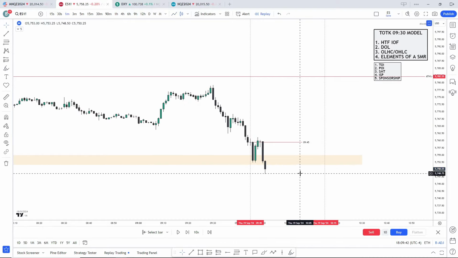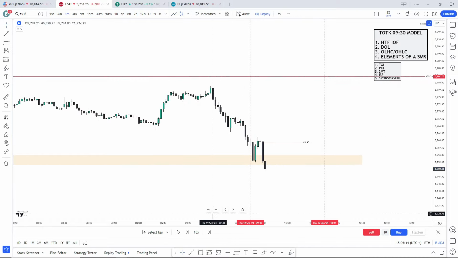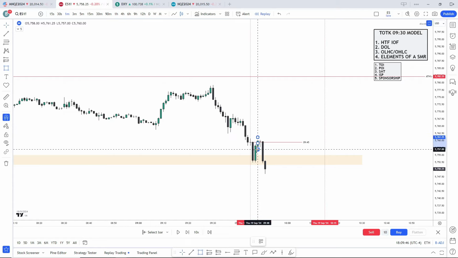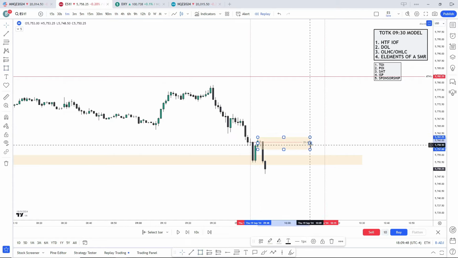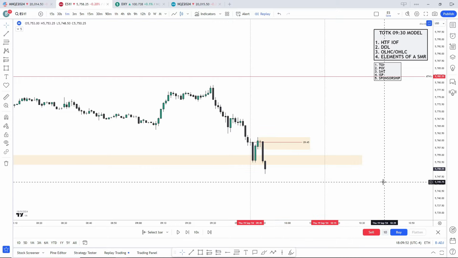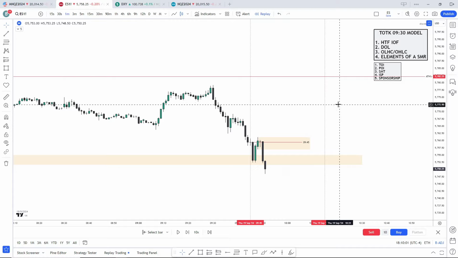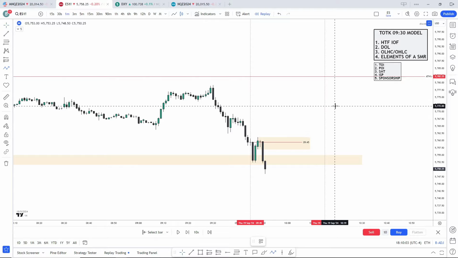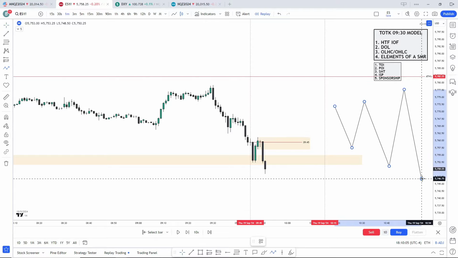Now, all we're waiting for now is sponsorship. What does that mean? Well, institutional sponsorship is just, to me, undeniable proof that the market wants to move in a unidirectional manner, meaning it wants to go higher or it wants to go lower. It's not indecisive like a seek and destroy would be.